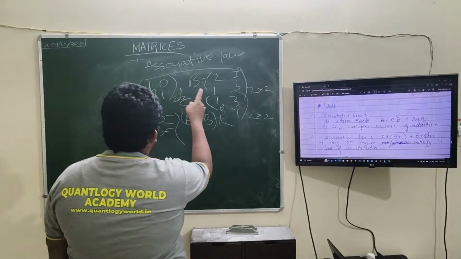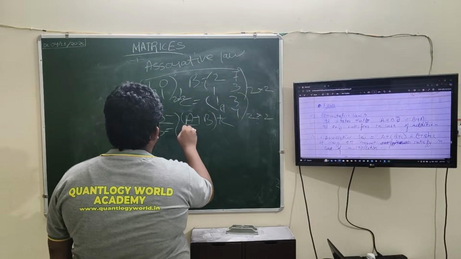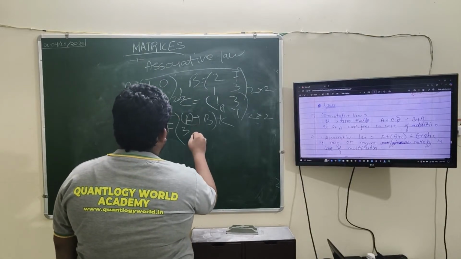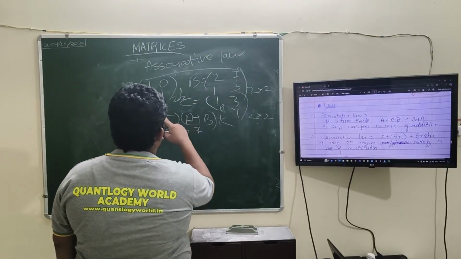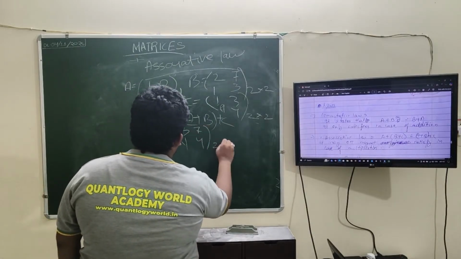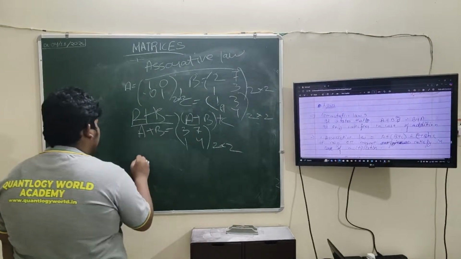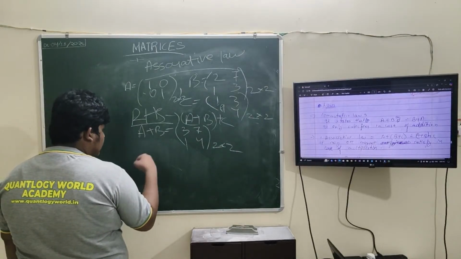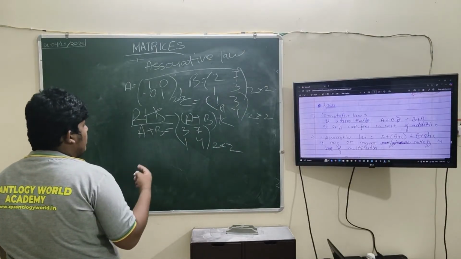A plus B is 2 plus 1, which is 3, 0 plus 7 is 7, 0 plus 1 is 1, 1 plus 3 is 4. The order is 2 cross 2, and then the next part will add C to A plus B.